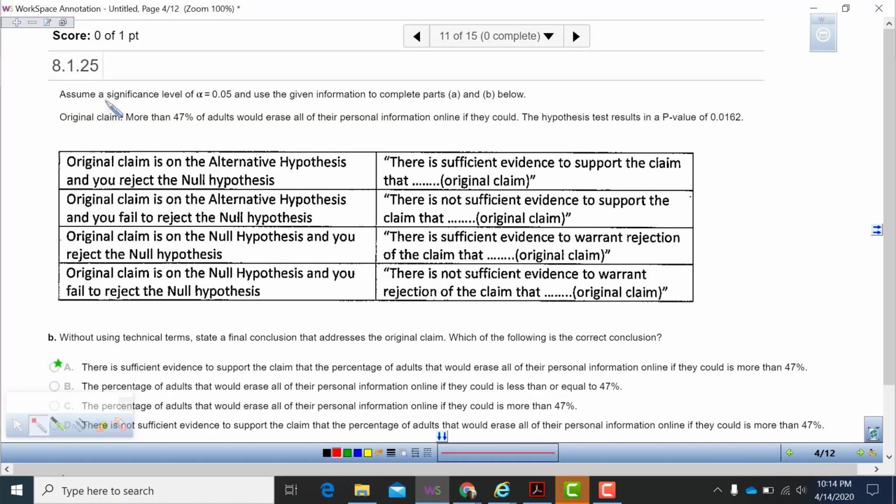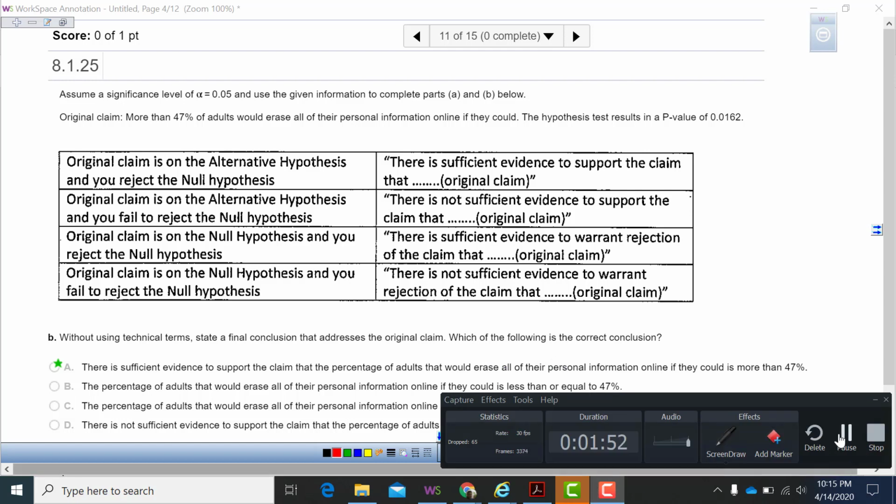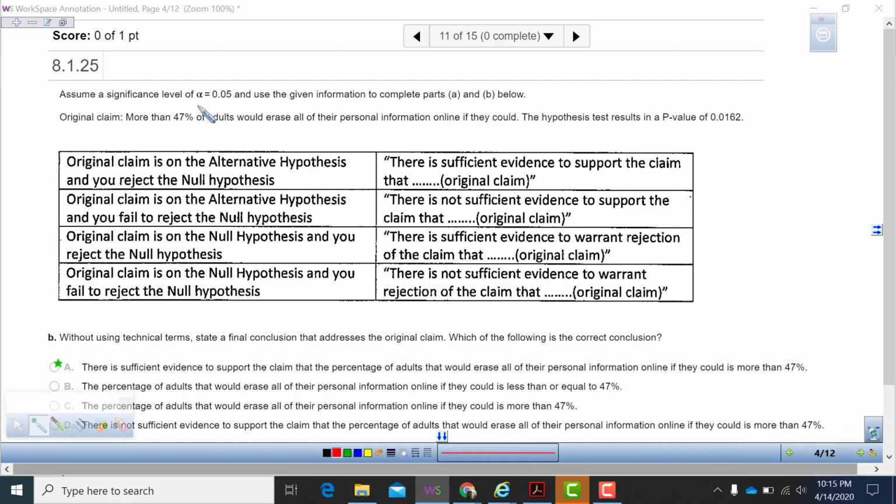It says assume a significance level of 0.05 and the claim, look, this is the claim, is that more than 47% of adults would erase all their personal information online.